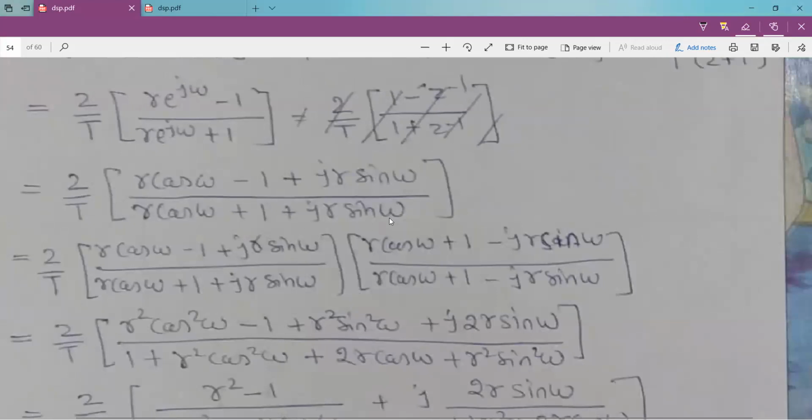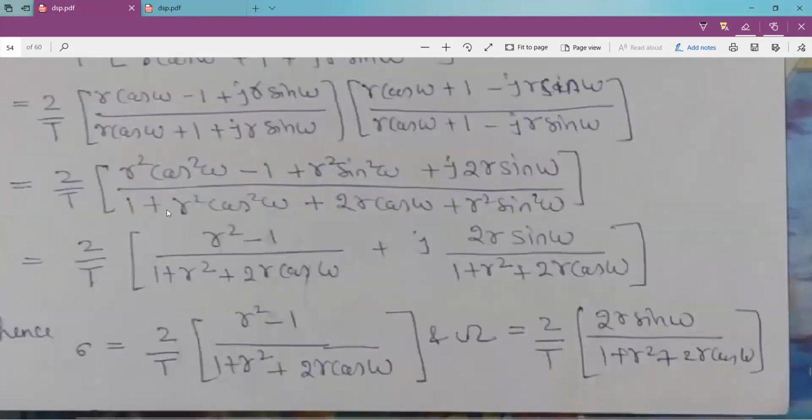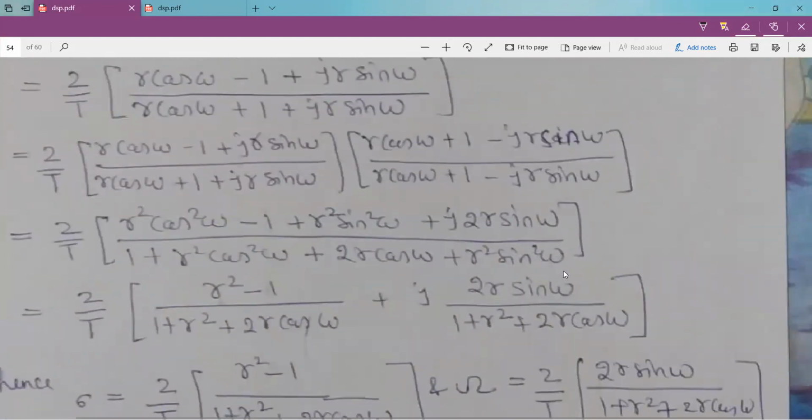When we want to convert this complex entity into the real and imaginary parts, we have to multiply the complex conjugate of the denominator on numerator as well as in denominator. After simplification, we are able to obtain the real part and imaginary part of this equation.